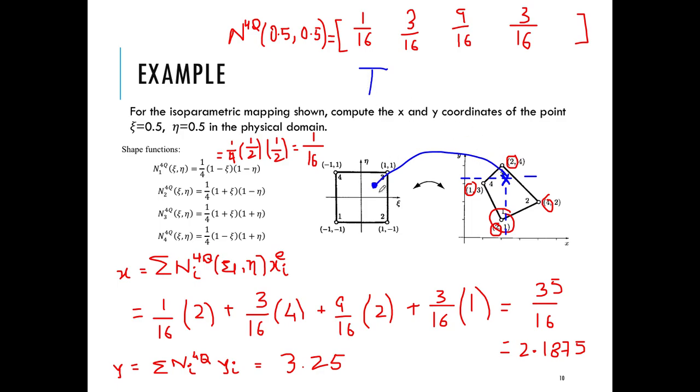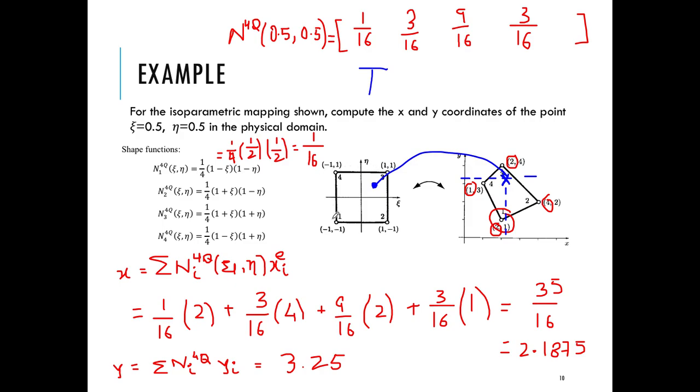So if we know the temperature here in the natural coordinates, then we know our temperature at this point in the physical domain, right? And using this approach, it turns out that our essential variable is continuous over these element boundaries.